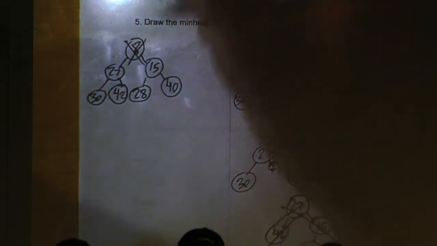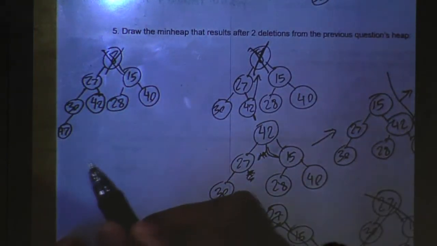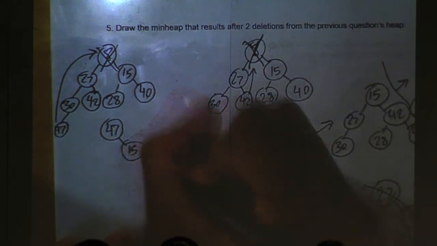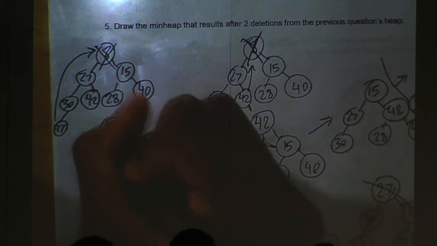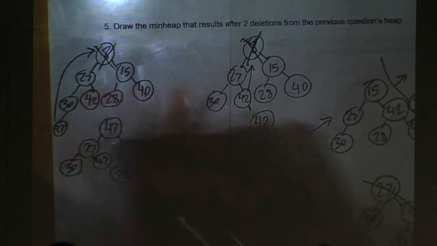Okay. So in this case here, oh, there's supposed to be another node here. So say this was 47. So say you had this here, you would take this node here, and you would put this here. So then you have 47, 15, 28. There you go.